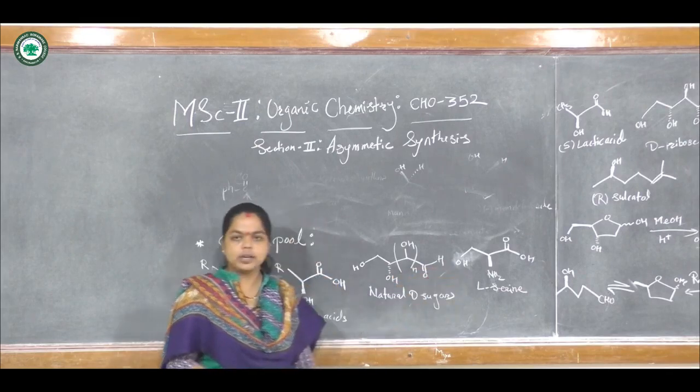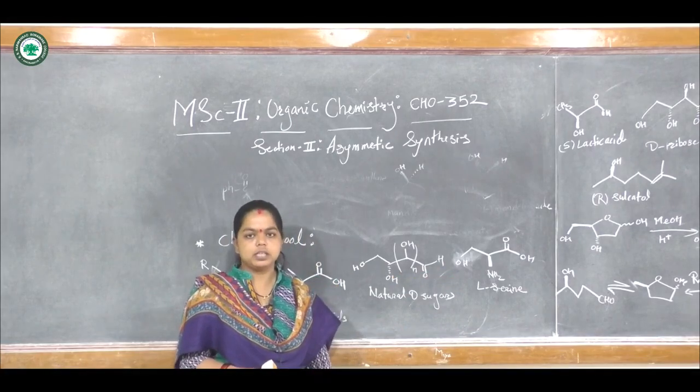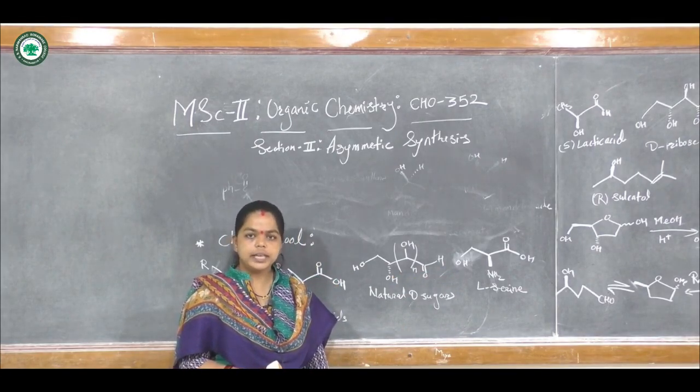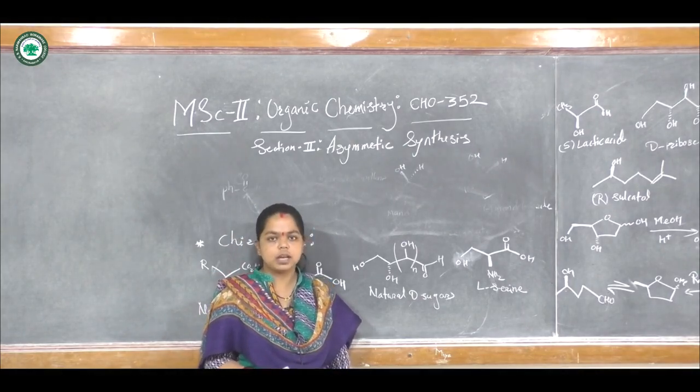Then amino acids are present. We know that in nature only L amino acids exist. D amino acids are not possible, and D sugars exist, L sugars are not possible.